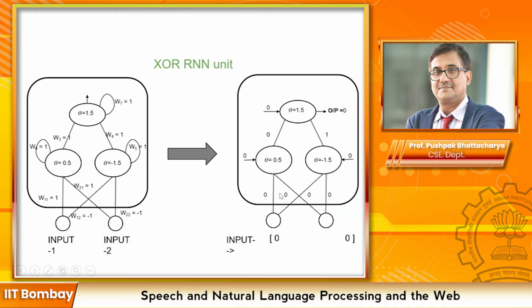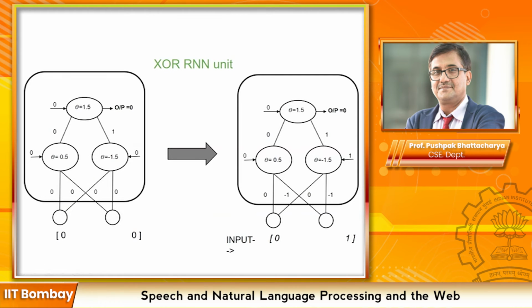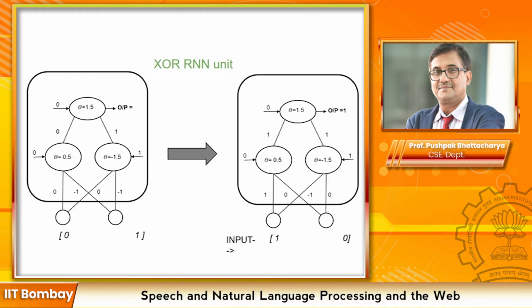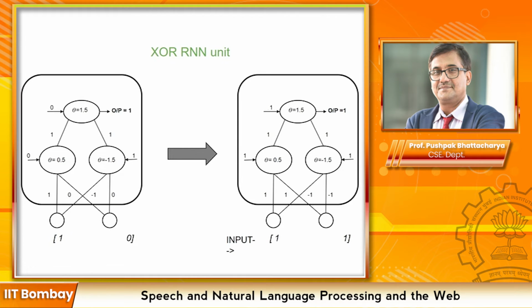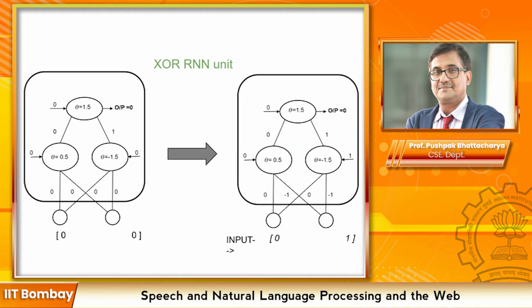I think these are inputs to it. Let's see. For 0, 0, the output is 0. For 0, 1, the output is 1. Just one sec. Output is 1. I believe there is a bit of a problem with the output values. Now let me see once again.